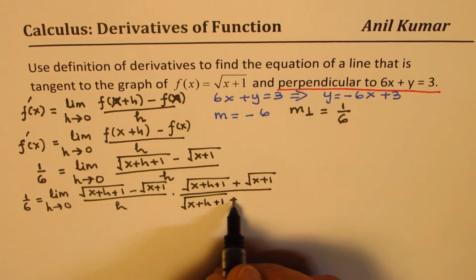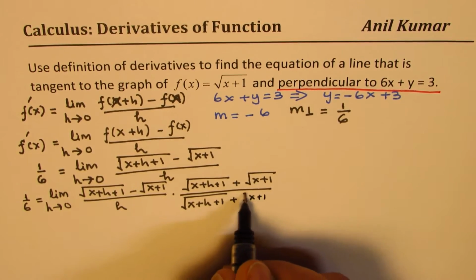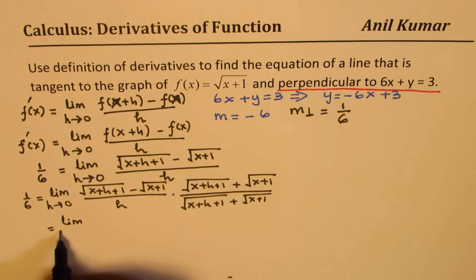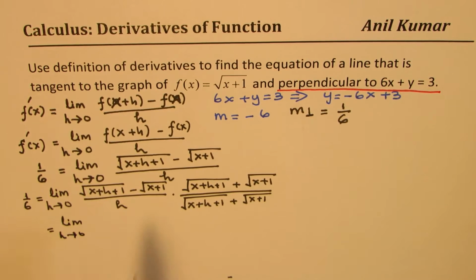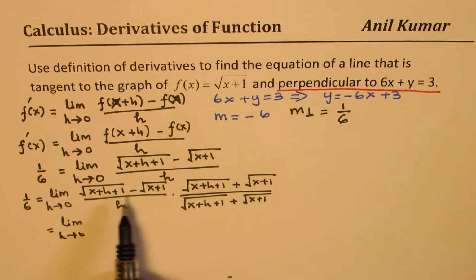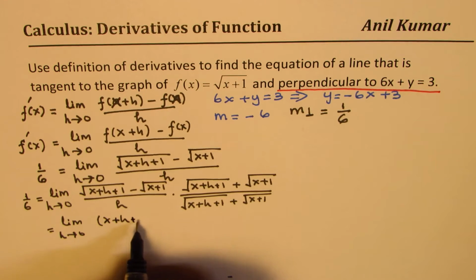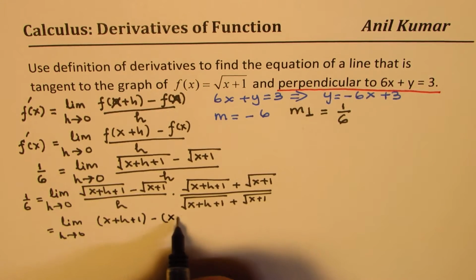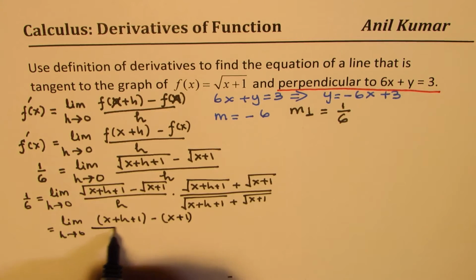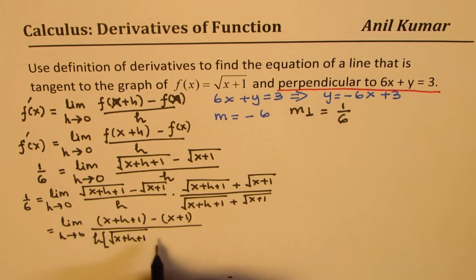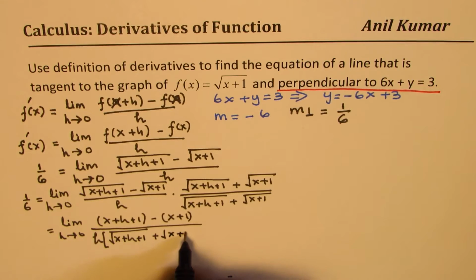Correct? Now, that gives us limit h approaches 0. When you multiply them, you get a difference of squares. So we get x plus h plus 1 minus x plus 1 over all this, which is h times, let me put it in a bracket, square root of x plus h plus 1 plus square root of x plus 1.